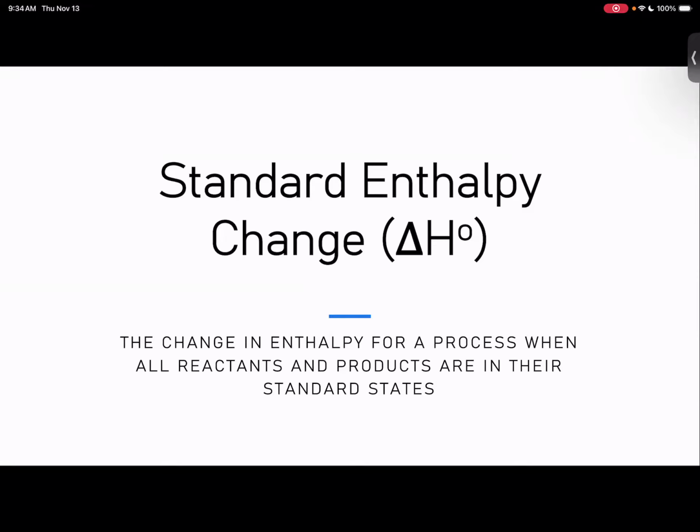So anytime you see delta H naught, or in College Chem 2, you'll see delta G naught, or delta S naught, we're talking about standard states. So again, we're dealing with the change in enthalpy for a process when all reactants and products are in their standard state.